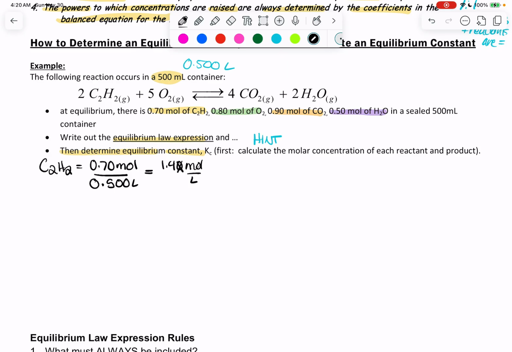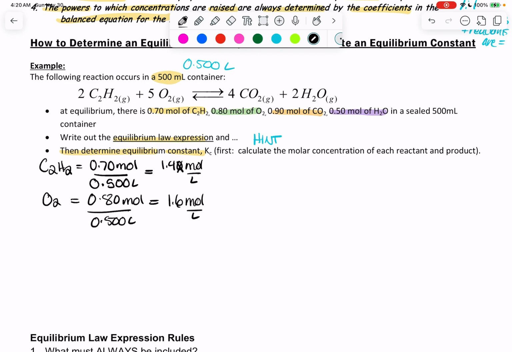Now for oxygen, O2 is equal to 0.80 moles all over 0.500 liters, which should be equal to 1.6 moles per liter.